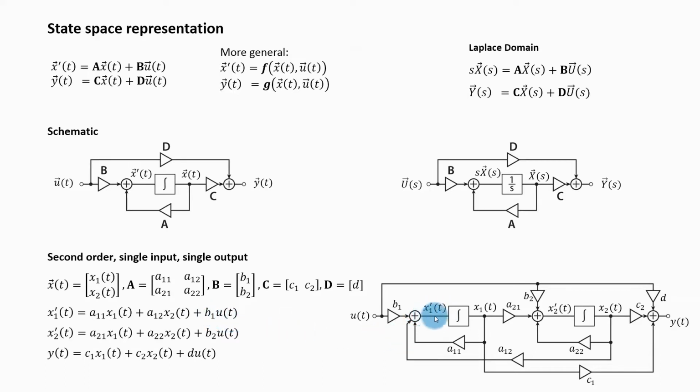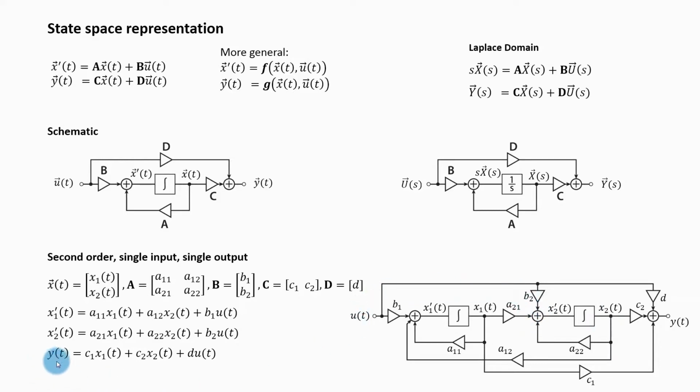Next, the derivative of x2 is a21 times x1 plus a22 times x2 plus b2 times u. And I have it here.